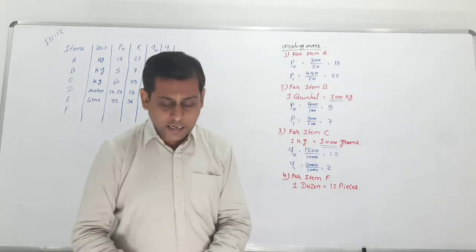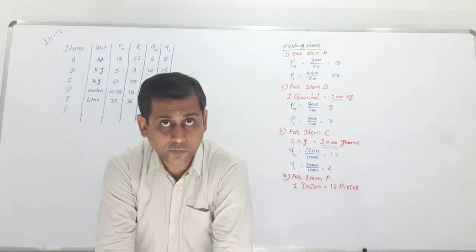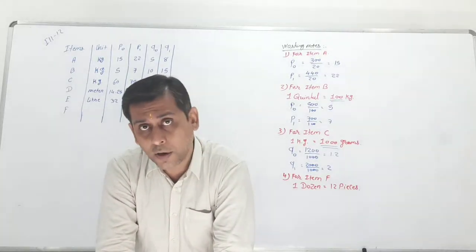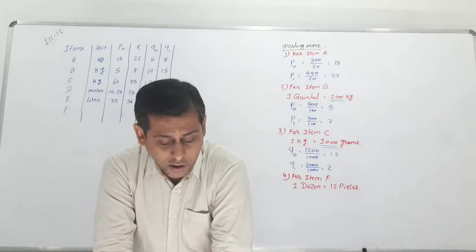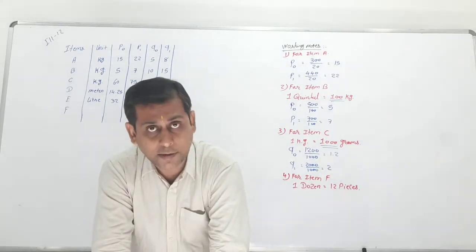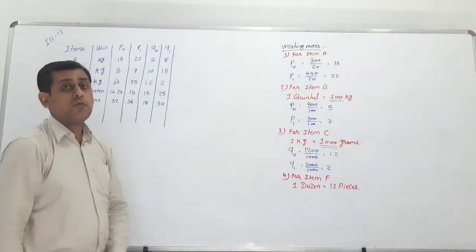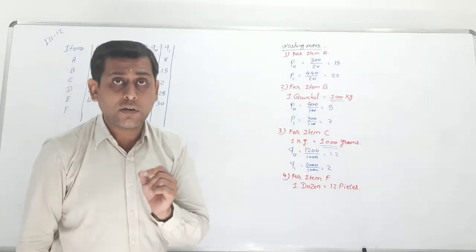Here see the data, dozen, price 30 and 36. So 36 is a multiple of 12, right? And 8 and 10 are not multiples of 12. That's why we have to convert the price here.